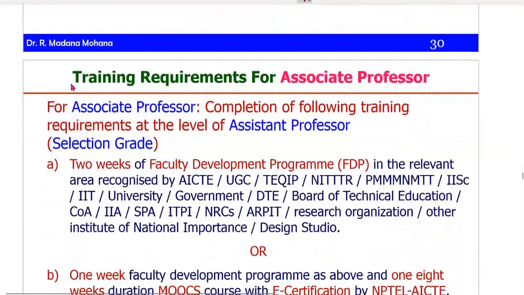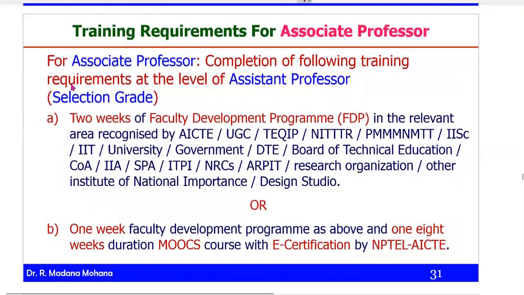Then coming to training requirements for professor, associate professor. For associate professor, completion of the following training requirements at the level of assistant professor selection grade, the recent one. At this level, the following training requirements need to be satisfied.